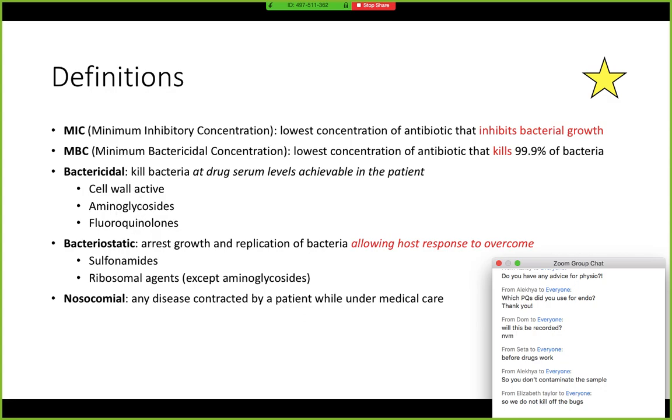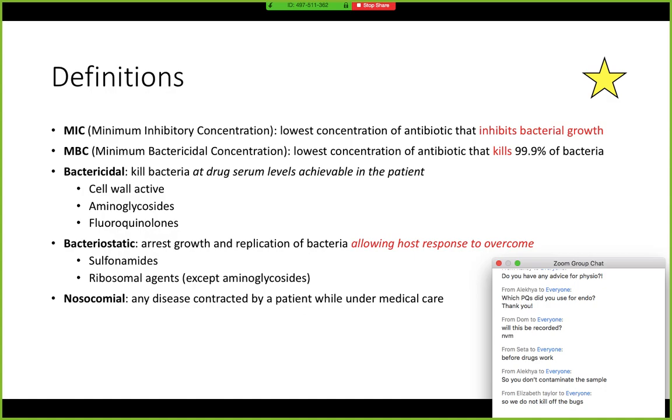So the majority of the antibiotics we're using are bactericidal, with the exception of sulfonamides and ribosomal agents. And anything that's bacteriostatic is simply arresting the growth and replication of bacteria rather than actually killing it. So it's giving the host a chance to kind of get back on its feet. Okay.